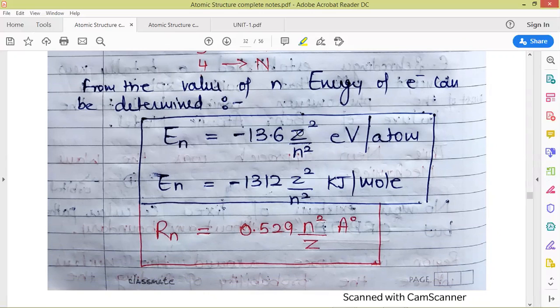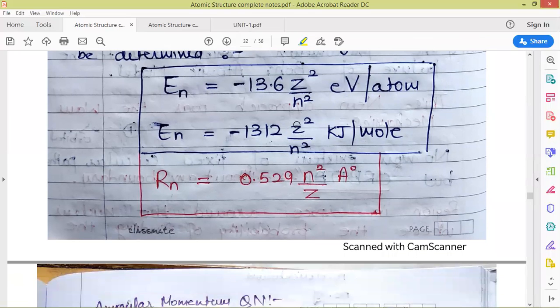Here Z defines the atomic number of the atom we are talking about. Here we are talking about the hydrogen atom, so Z is 1, and n is 1 for the first orbit. So the energy from here will come out to be minus 13.6 electron volt per atom for the first orbit of the hydrogen atom.